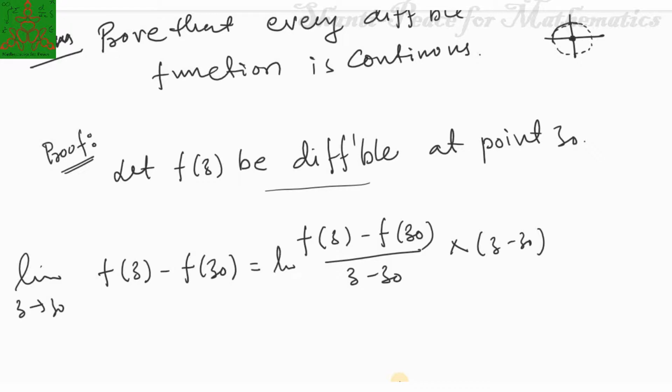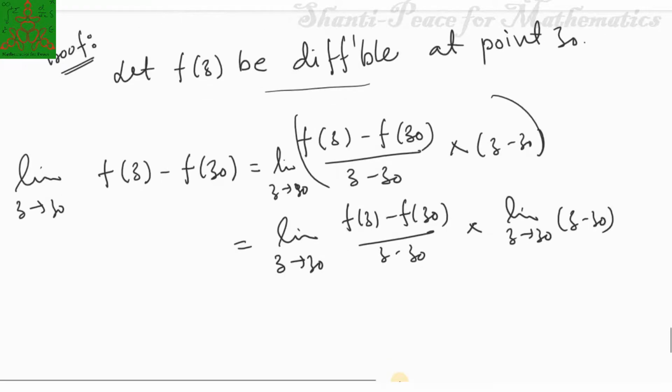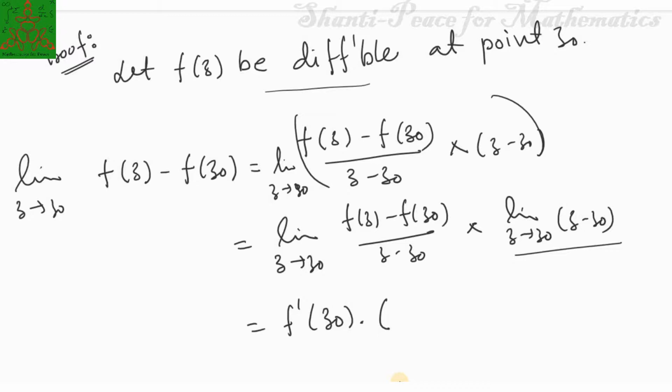If I take the limit on both sides as z tends to z0, then by the limit rule, that the limit of a product is the product of limits, we can write limit z tends to z0 of f of z minus f of z0 upon z minus z0, into limit z tends to z0 of z minus z0. The first quantity will be f dash of z0, and the second quantity is z0 minus z0, so that is 0.